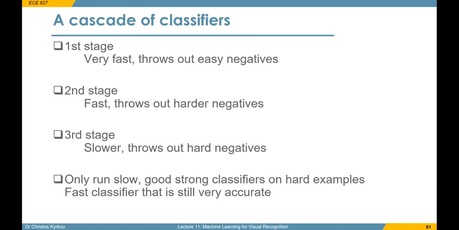And the nth stage later is going to focus more on the harder examples that may look like a face or not. So the idea is that you only run these slow classifiers for the promising samples in the image. And this is an idea that up to today is used in different contexts.